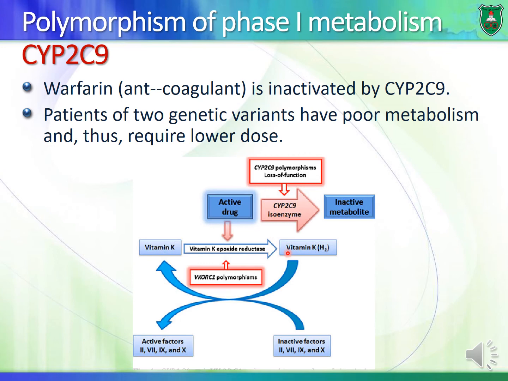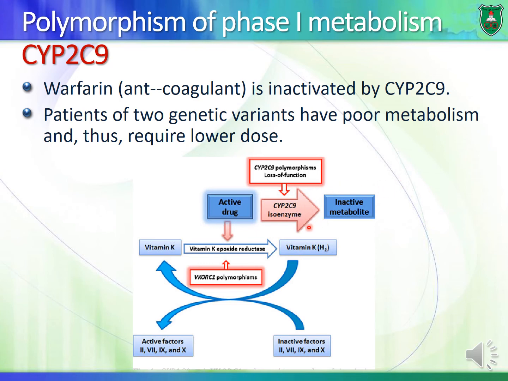So people with excessive activity of the enzyme vitamin K epoxide reductase suffer from bleeding. What happens with warfarin is that it gets inactivated by CYP2C9, resulting in the formation of the inactive metabolite.